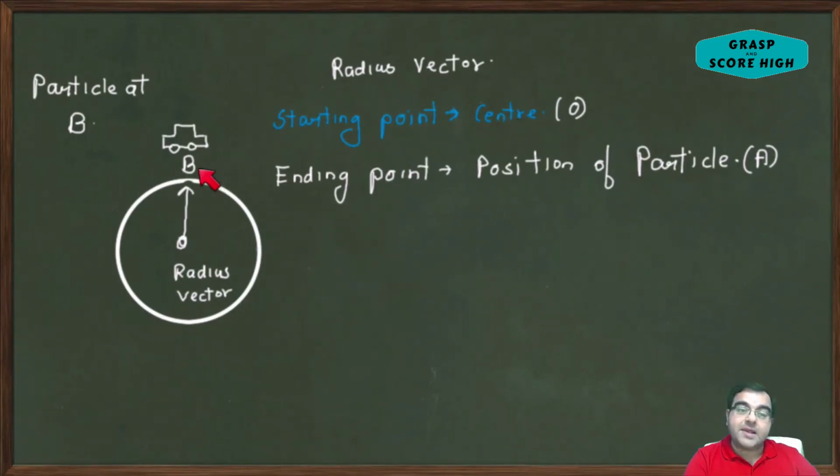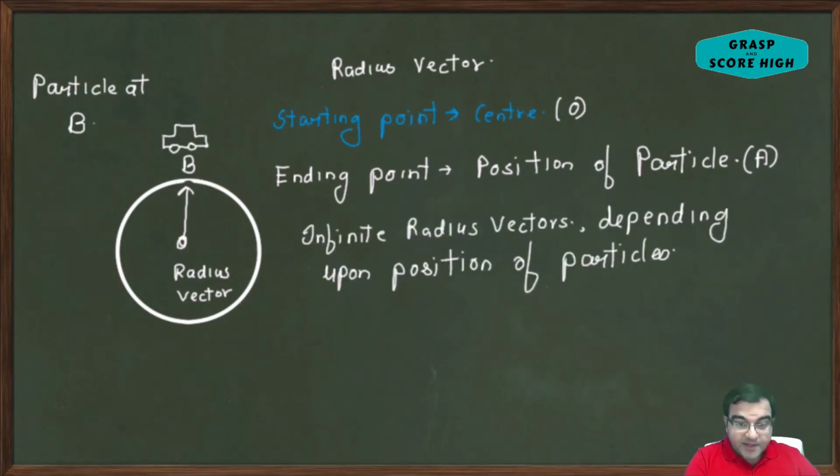But my ending point or final point has changed, which has now become B. So I am going to call a radius vector a position vector. Why am I calling it a position vector? Because the initial point of that vector is fixed, and that was O, and the final point kept on changing.